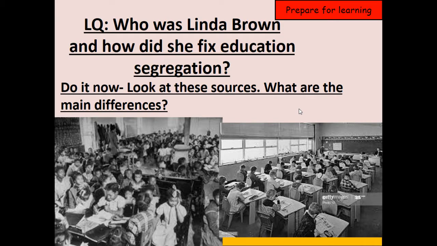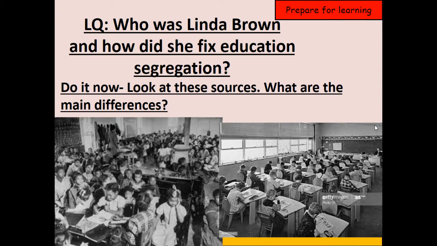But you can see quite clearly in source B on the right that it is a traditional classroom in the sense that each child has got their own space to work. They've got their own equipment, their own books. Each child is spaced out evenly.